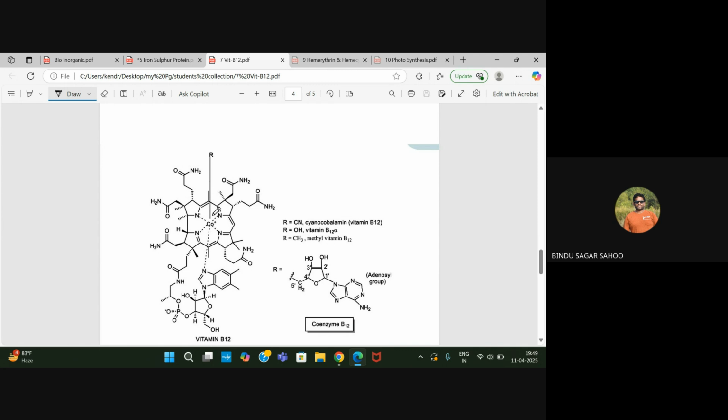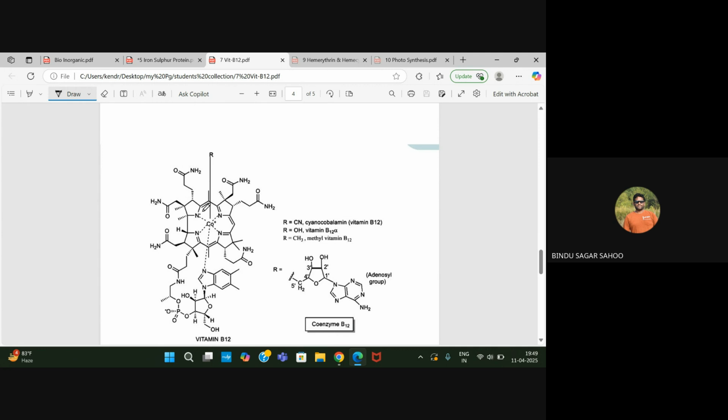And in the cavity the cobalt atom is present. In the corrin ring, which type of metal center can fit easily? Cobalt ion can fit inside the corrin ring.